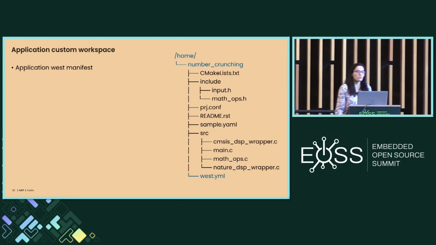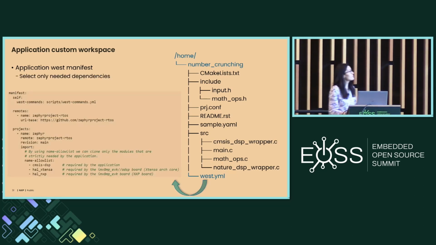Okay, another use case is a custom workspace. That means that for a custom workspace, we'll need to have a specific manifest, a specific west.yml for our application. This contains a description of the Zephyr installation, including the Git repository, and the necessary dependencies of our application.